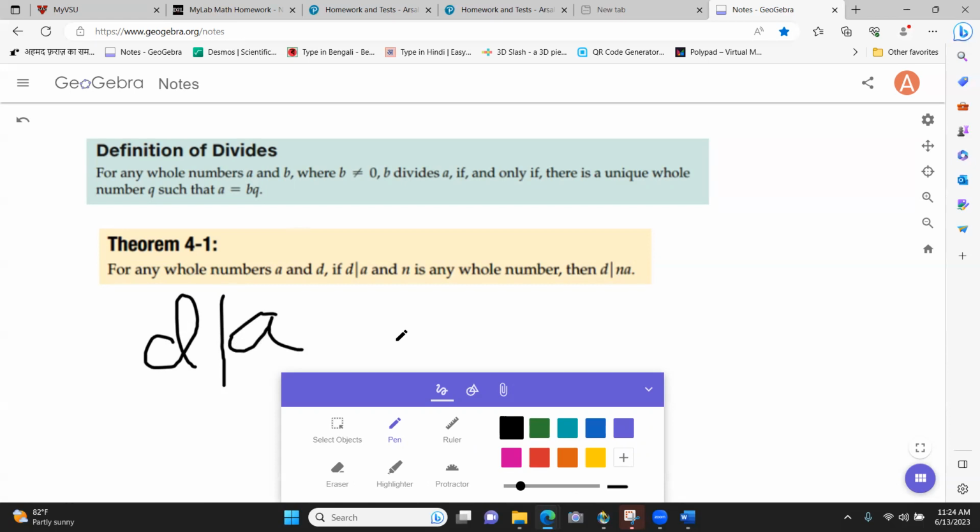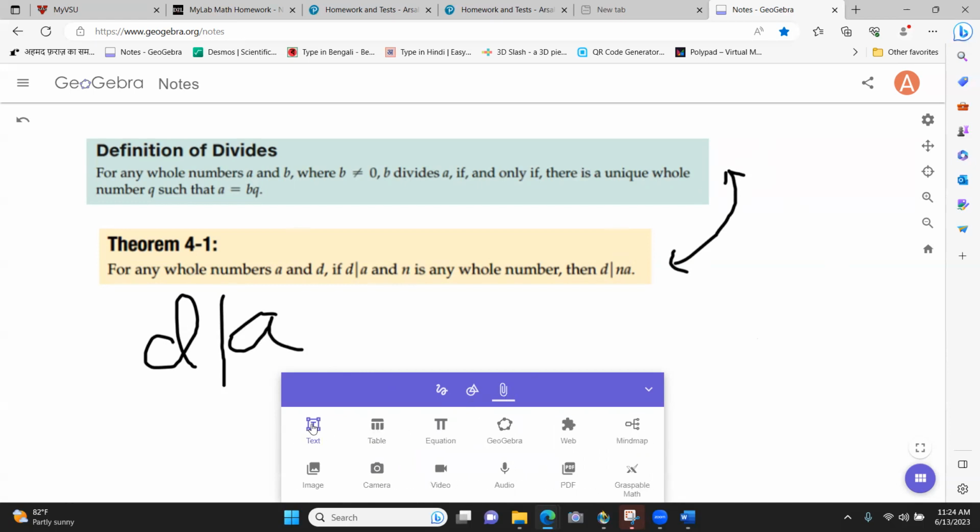And N is any whole number, then D divides N A. Actually, the two are very, very related. So all we are saying is a number divides another number.